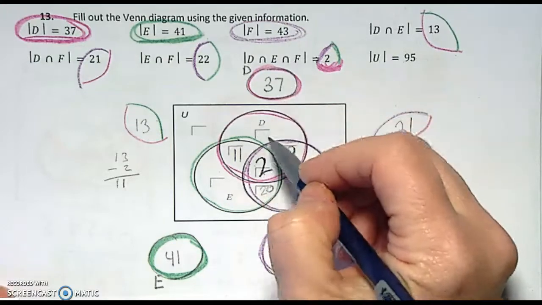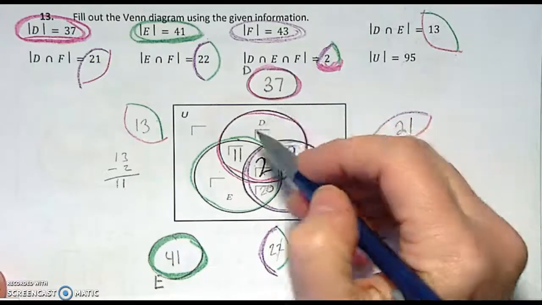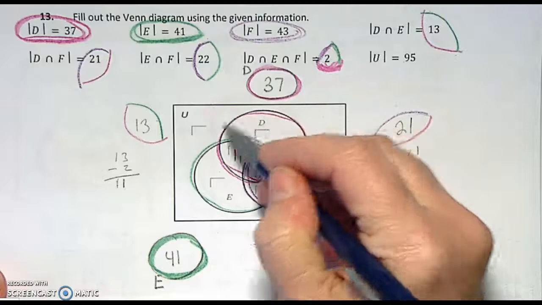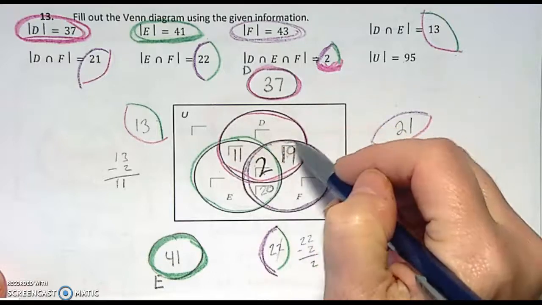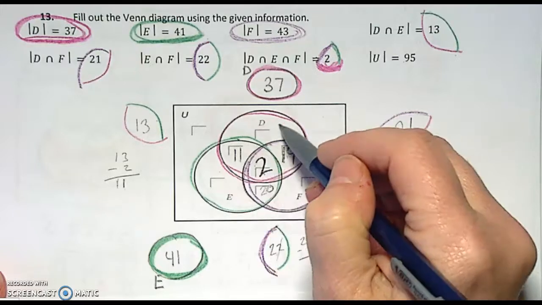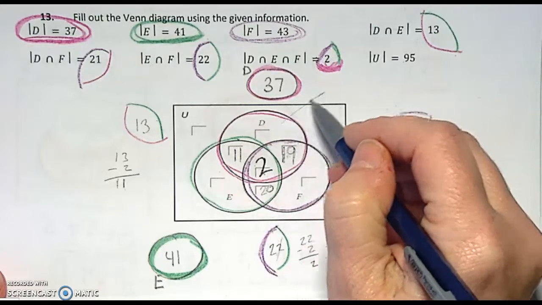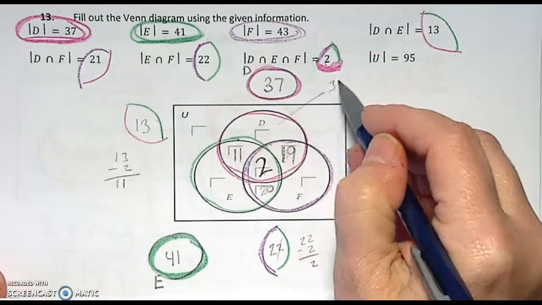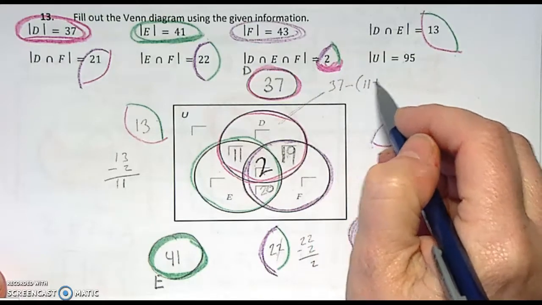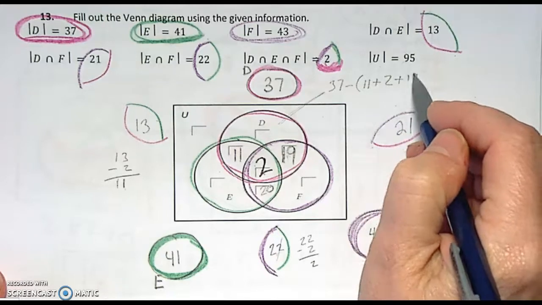So to get the whole Venn diagram filled out, we've got this huge thing here that has 37 elements in it. 19 of them are here, 2 of them are there, and 11 of them are there. So to get this place right here, we need 37 minus the 11 plus the 2 plus the 19.